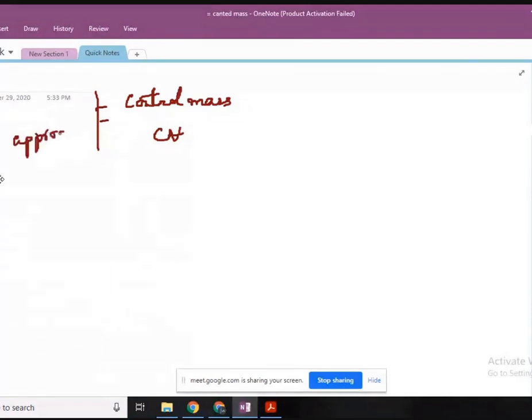Here, in the control mass approach, Newton's law is enough to detail the flow field.